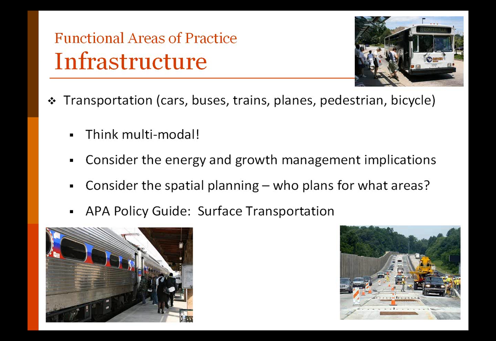Transportation is also one area that is very much interlinked between local, regional, state, and federal. So consider who plans for what, who has what jurisdictions over the different aspects. And generally, it works best when everybody's working together. When you have the MPO in touch with their localities, the localities are in touch with the MPO.